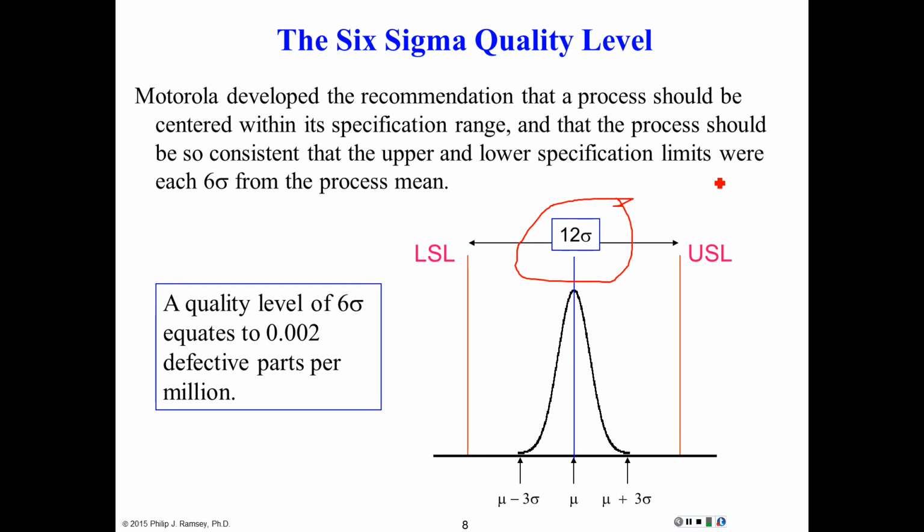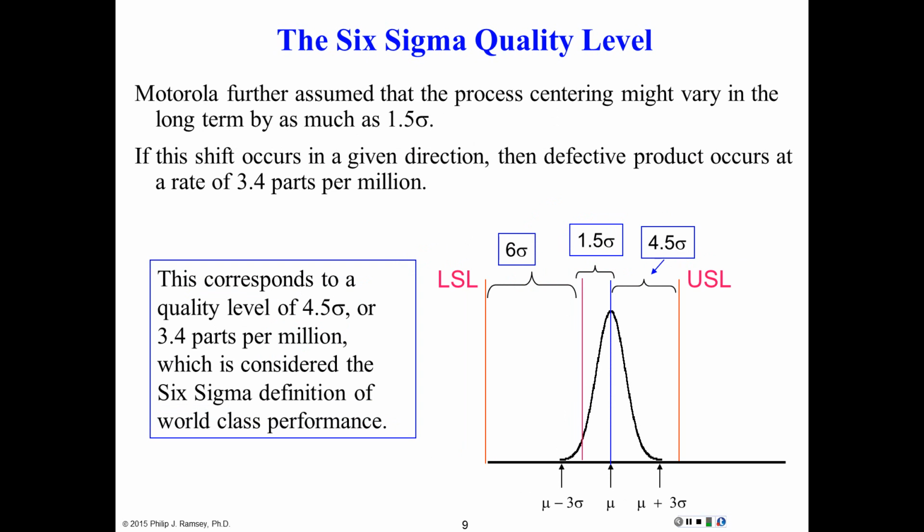In other words, it's 6 sigma to each spec limit, and this would amount to 0.002 parts per million defect. In point of fact, that is so small it's actually not even measurable. So how do you measure improvement if you can't even quantify your present capability?